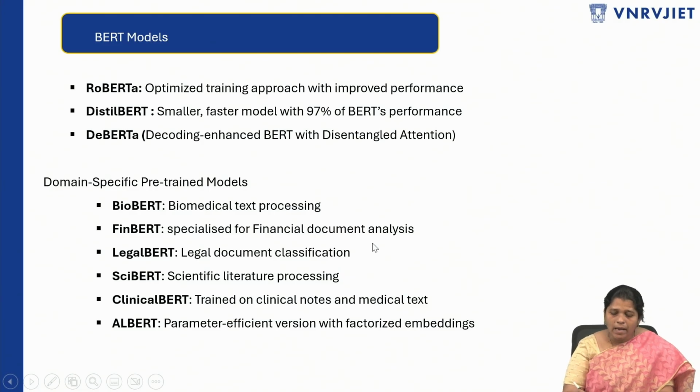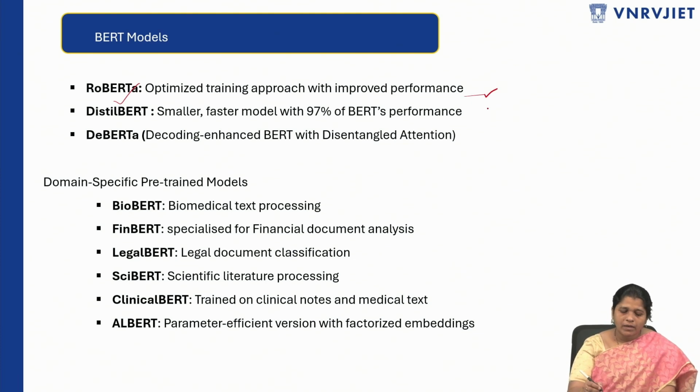Let us see some variations of BERT models. We have RoBERTa, which is used for optimized training with improved performance. We also have DistilBERT, which is faster and smaller compared to the normal BERT model.